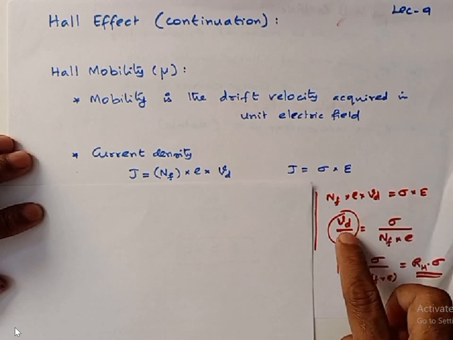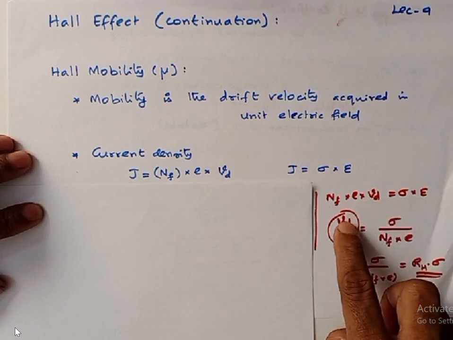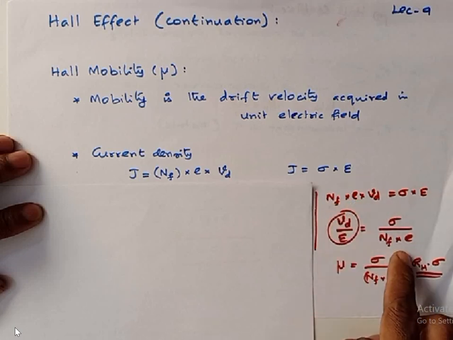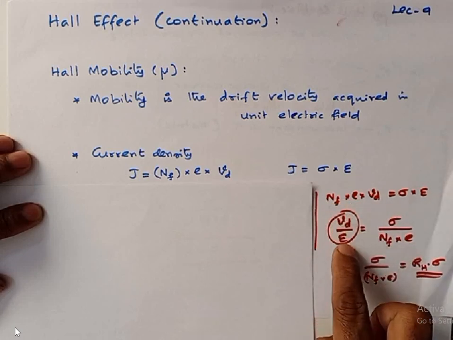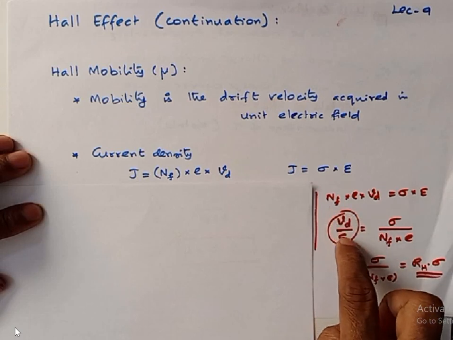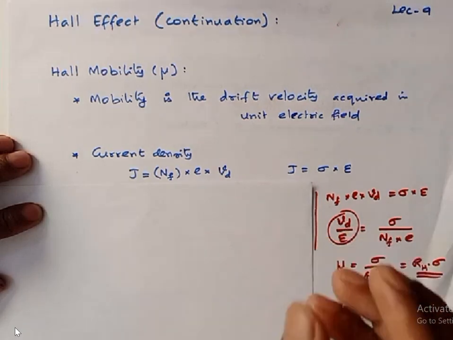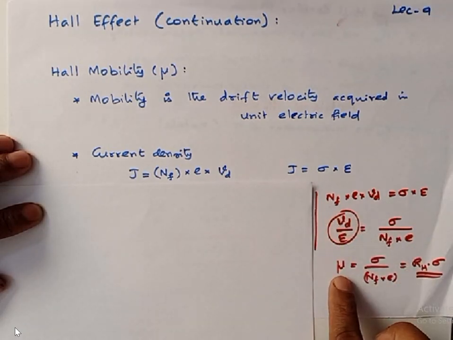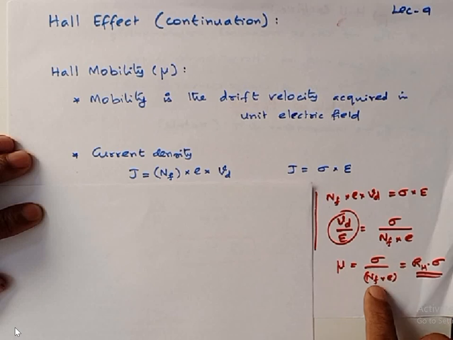Now bring this epsilon to the left hand side, keep VD as such, VD by epsilon, and bring N and E to the right hand side. What is VD by epsilon? This is nothing but drift velocity per unit electric field. That is nothing but mobility. So this VD by epsilon is nothing but mobility. Mobility is denoted in general by the symbol mu. So mu is equal to sigma by N E.